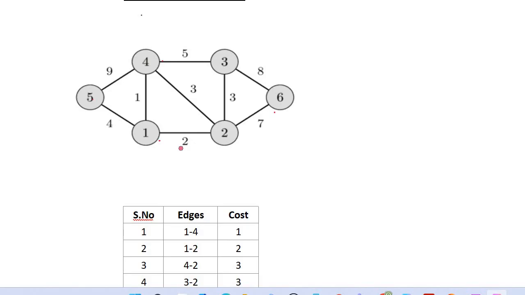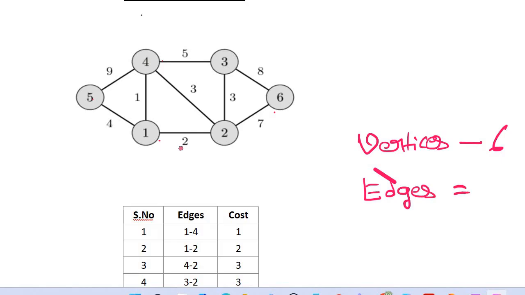Total number of vertices is 6. Total number of edges are 1, 2, 3, 4, 5, 6, 7, 8. So initially I have 8 edges, sorry, it should be 9 edges.